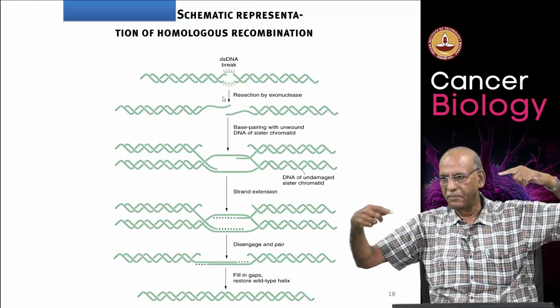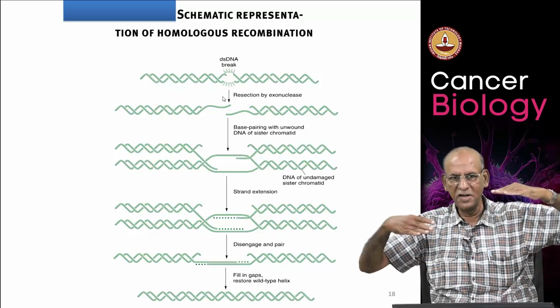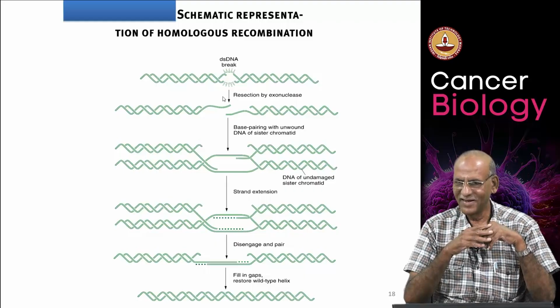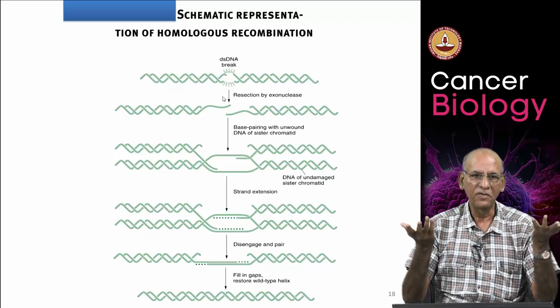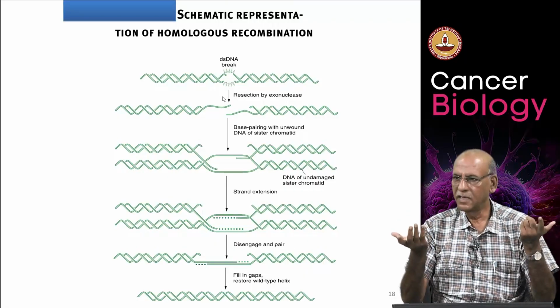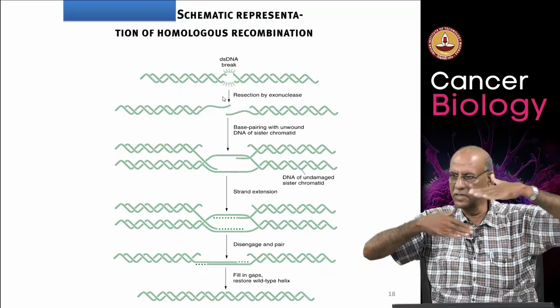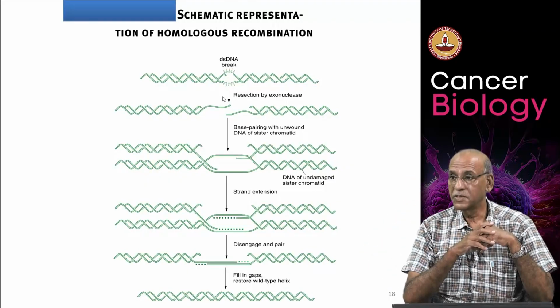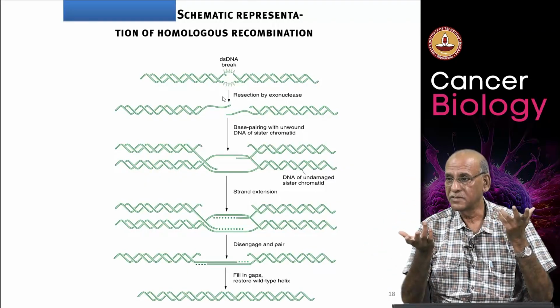Now, this will produce what is called the free end. What do you call that in molecular biology? Sticky end. So, it will result in the formation of sticky ends, so on the two sides you have sticky ends. Now, what do you want to find? You must find a complementary sequence.